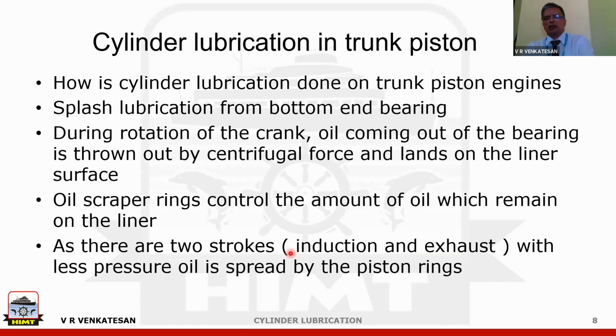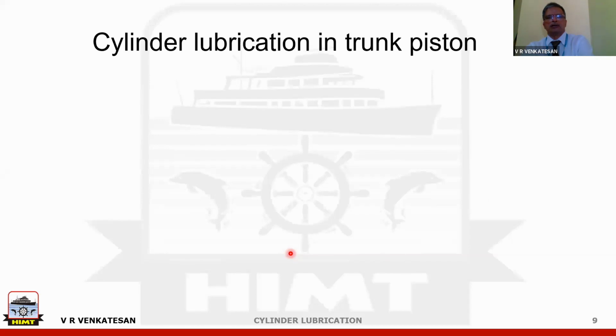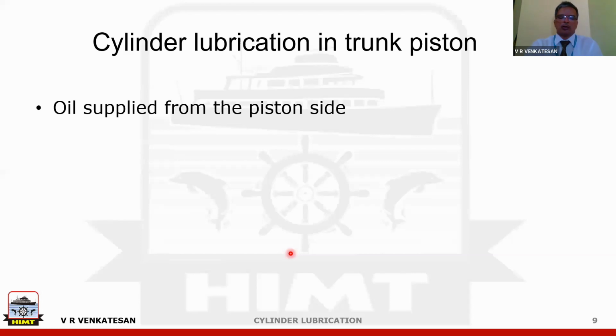And this oil is going back into the crankcase, and it will be treated and cleaned. So everyone knows that for a trunk piston engine, it is the crankcase oil which is used for cylinder lubrication too. Now the developments in this: there are engine designs where the oil is supplied from the piston side, from inside the piston.